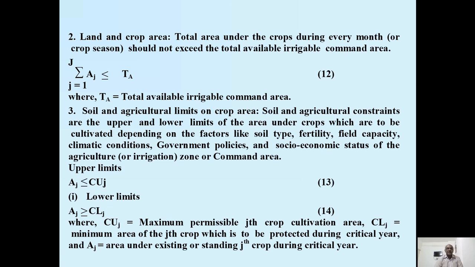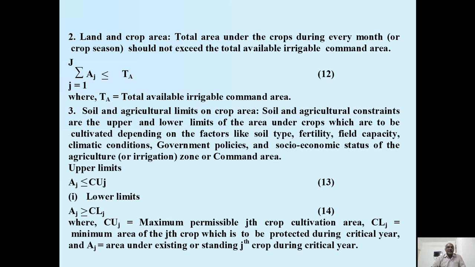Then the third constraint is the soil and agricultural limits on the crop. The soil and agricultural constraints are the upper and lower limits of the area under the crops, which are to be cultivated depending upon factors like soil type, fertility, field capacity, climatic conditions, government policies, socio-economic returns of the agriculture and zone or command area.